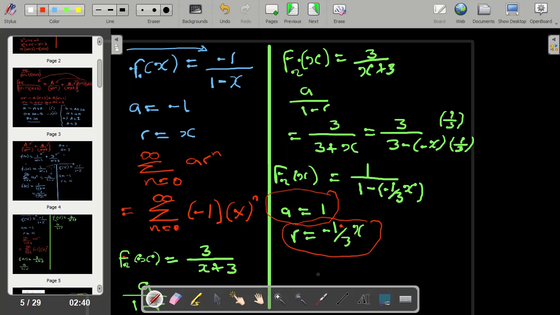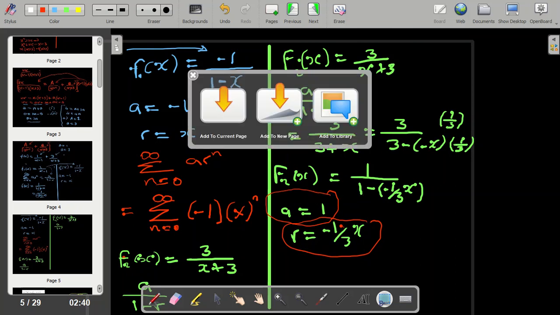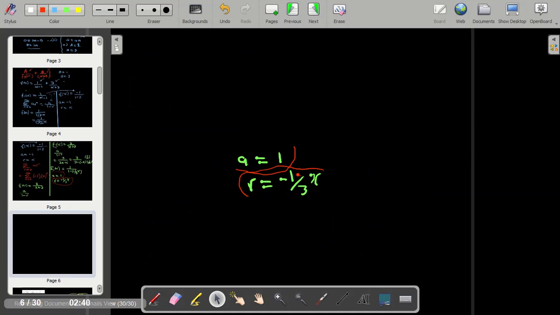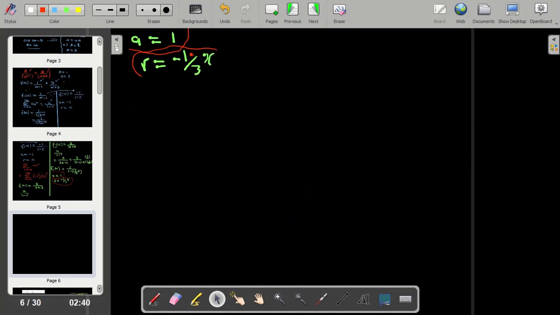We can then write our geometric power series. Since we found all that we need, we can write our geometric power series representation of the function.